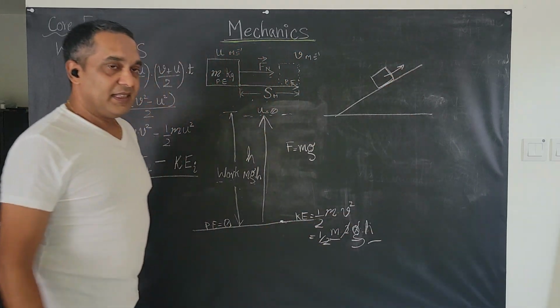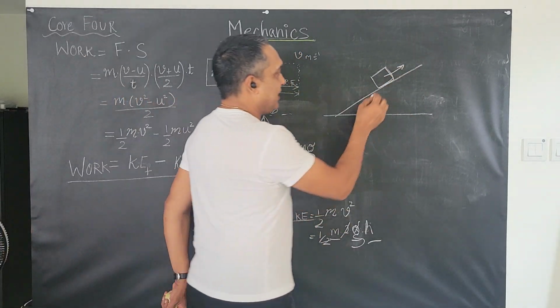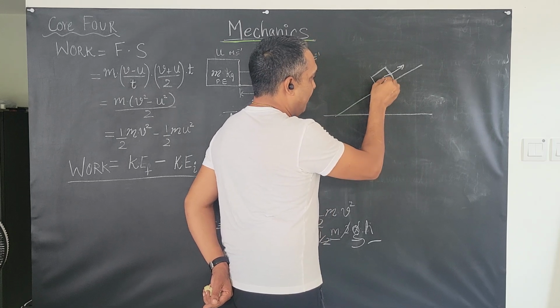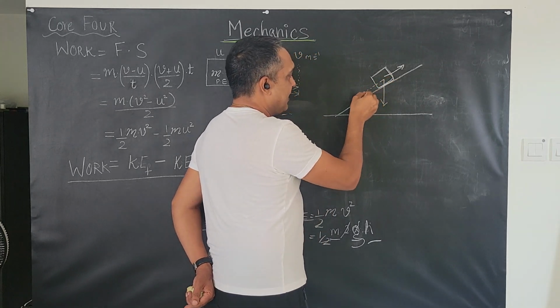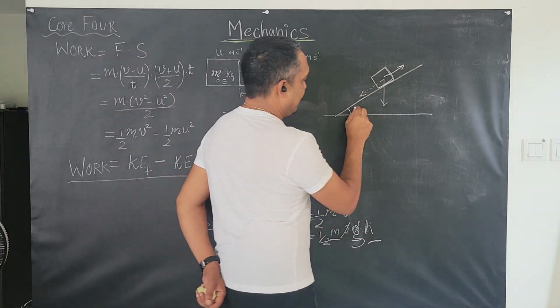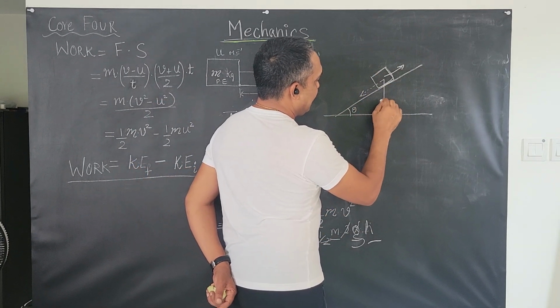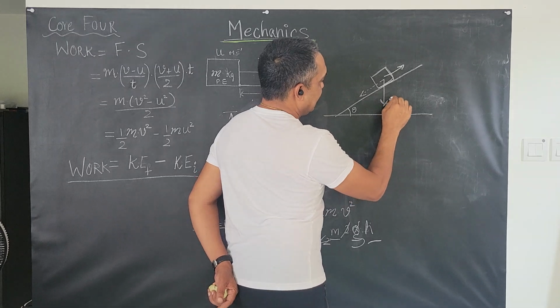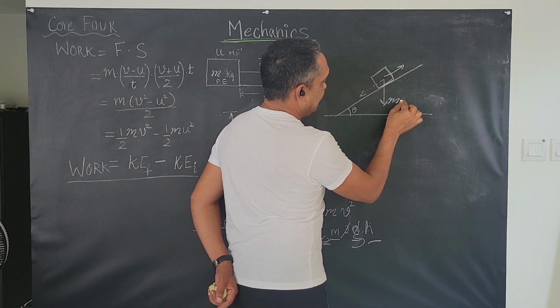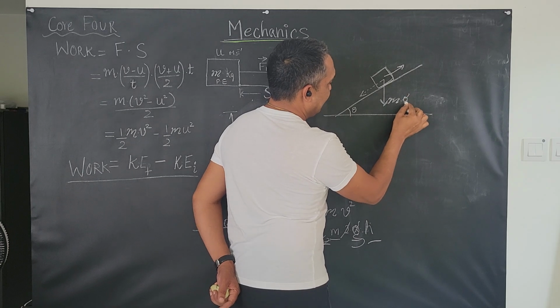Now suddenly things will change, and with gravity being present, gravity pulls it down here, which means you will resolve a component of gravity this way. So if this is theta, and the mass is m, gravitational force is m times g.